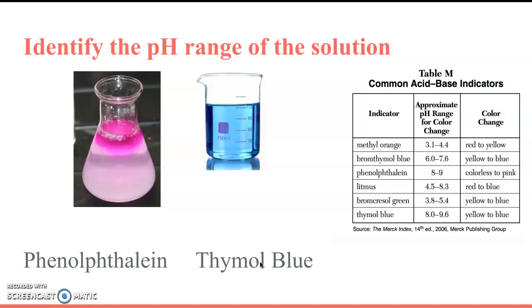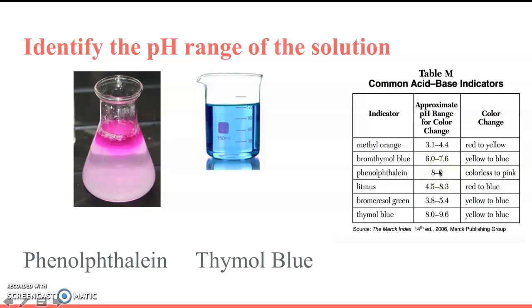And we're going to identify the range this solution's pH falls into. So in the Erlenmeyer flask we have the solution, phenolphthalein has been added to it, and it turned pink. So we go over to table M, find phenolphthalein. We see that when the solution turns pink, it has to be at a pH of 9 or greater.